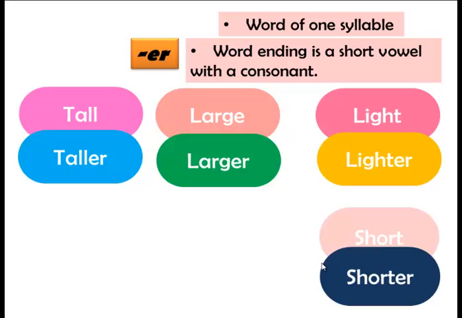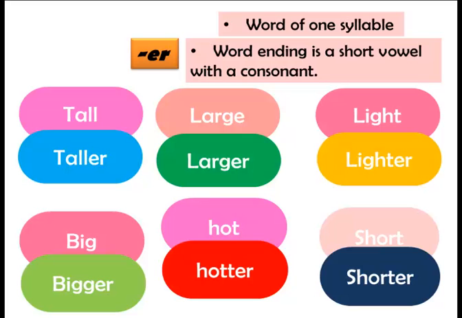For example, tall, taller, large, larger, light, lighter, short, shorter. But remember, if the word ends with a short vowel, for example, big, what will we do? We will double the last letter in this adjective, like bigger. We will double G, bigger. For example, hot, and in the middle there's a short vowel.